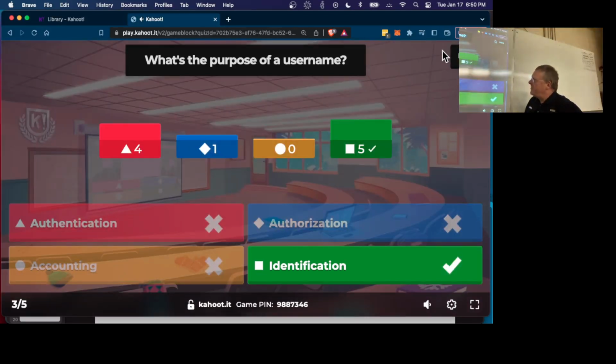Yeah, that's identification. It's not authentication. Authentication is proving it with knowledge of a secret like a password. Identification is just claiming to be somebody. Those are two things that are often confused, identification and authentication.